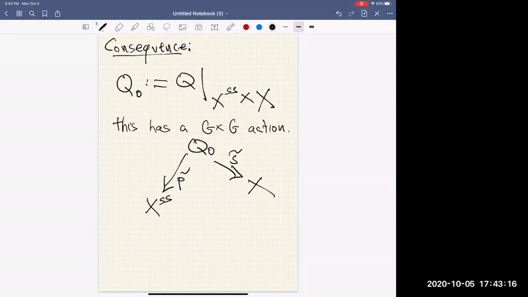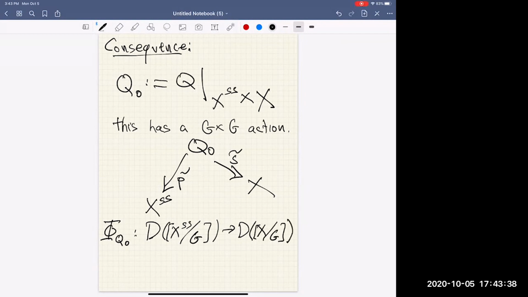Okay. So you get a Fourier-Mukai transform, which gives you a functor from the GIT quotient to the stack. Sorry, David. Can I just appreciate the point of this?